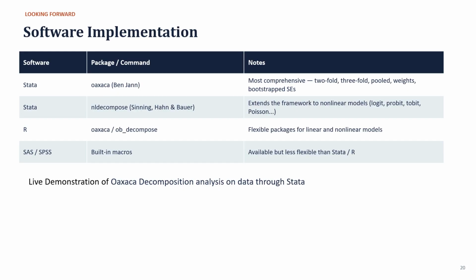In R, the oaxaca and ob_decompose packages offer similar flexibility and they are free. For SAS or SPSS, there are built-in macros, but they are less flexible and harder to customize. For today's demonstration, we will use Stata because it's the most comprehensive and widely used in applied economics.